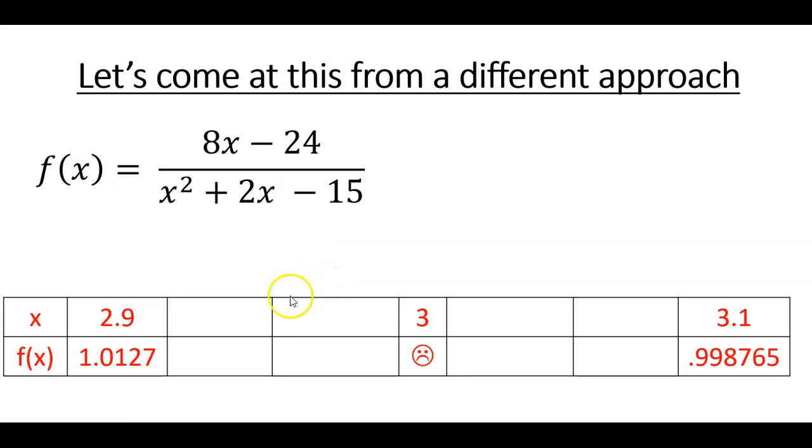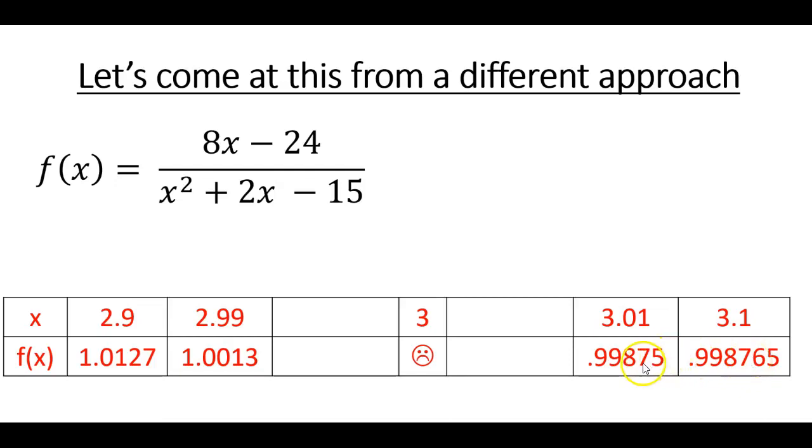Let's plug in something even closer. What's something even closer to 3 than 2.9 and 3.1? How about 2.99 and 3.01? Those are even closer to 3. If I plug those in, I'm still getting something really close to 1. In fact, this number is even closer to 1 than this one is, and this number is even closer to 1 than this one is.